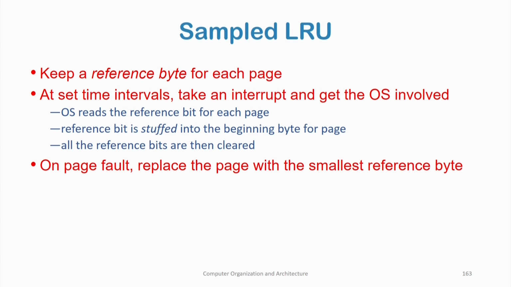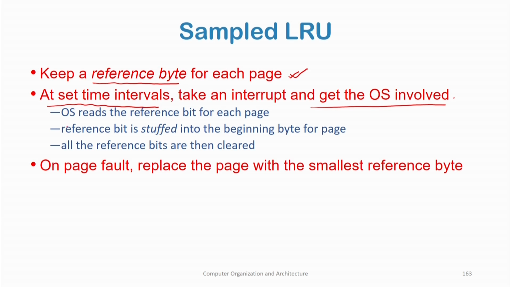Then we come to sampled LRU. Using the reference bit, we generate a reference byte for each page in this technique. So, how do we get this reference byte? At set time intervals, which is this epoch I was talking about, I take an interrupt and get the OS involved.